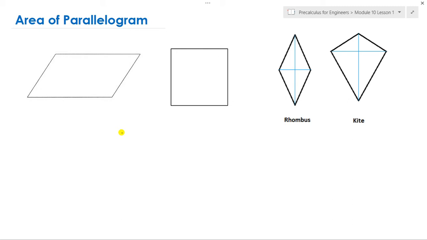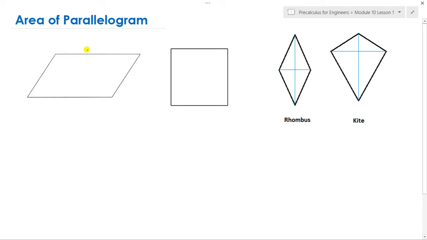But are all parallelograms rectangles or not? Are all parallelograms rectangles? Why not? Because a square is also a parallelogram but not a rectangle.